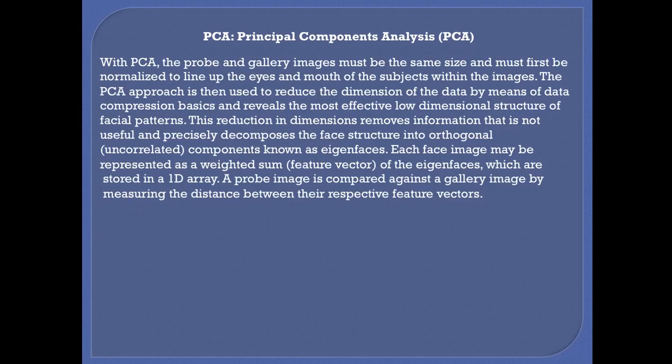So let's start with the PCA, the principal components analysis. What this did was first normalize the image. It would line up the mouth, the eyes, and the nose, and then it would start removing characteristics of the face that were non-informational.